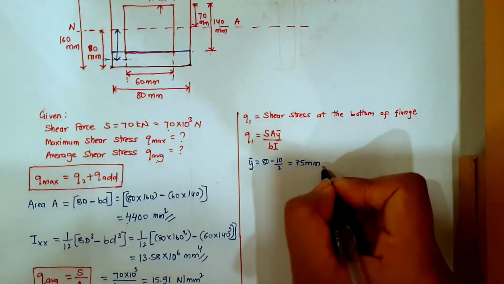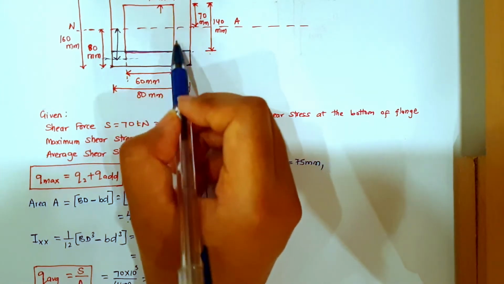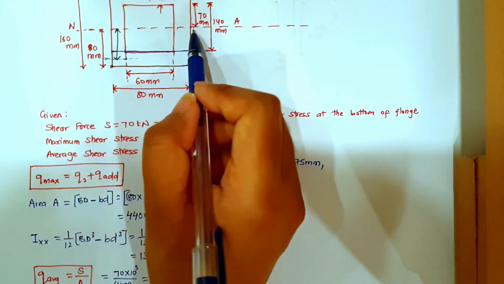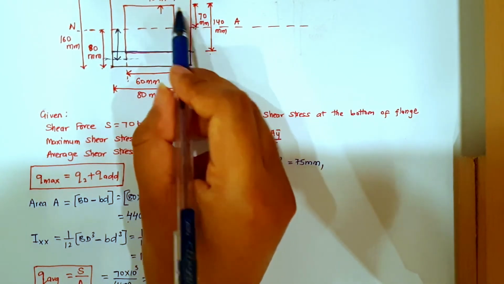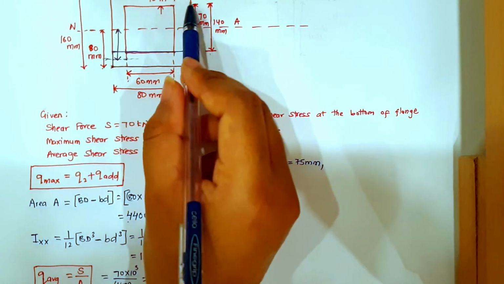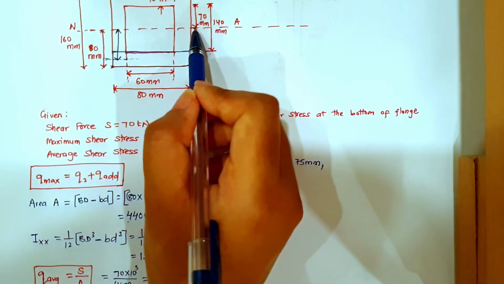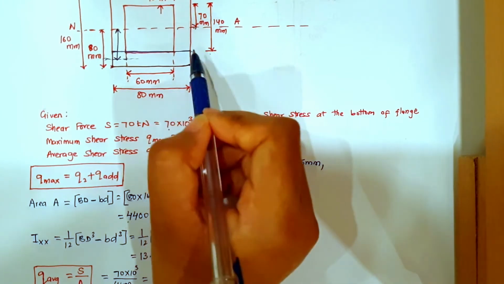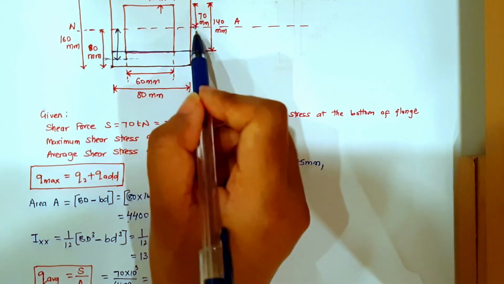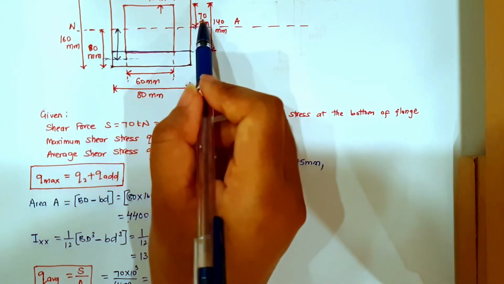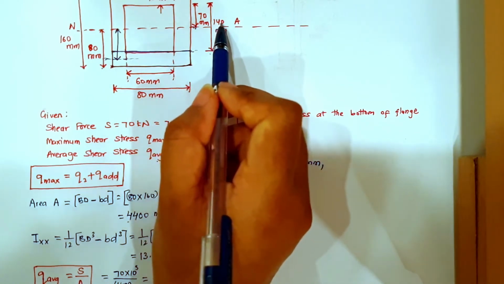The other way to find this is by considering the inner rectangle. From the neutral axis to the bottom of the inner rectangle, the height will be 70 mm, because the total height of this inner rectangle is 140, right?